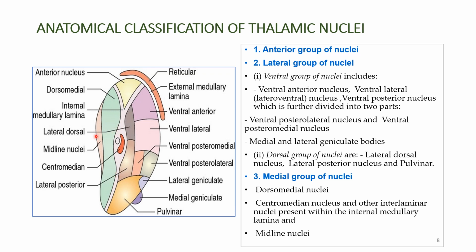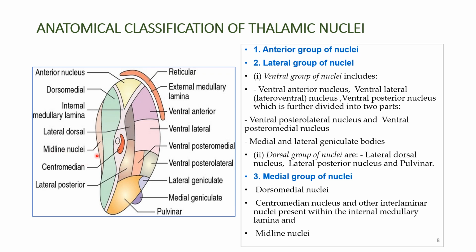Then coming to the medial group of nuclei. Those are the dorsomedial nuclei. Okay. Then the centromedian nuclei and other intralaminar nuclei. Okay. This is the internal medullary lamina that is also containing nuclei, and the midline nuclei.